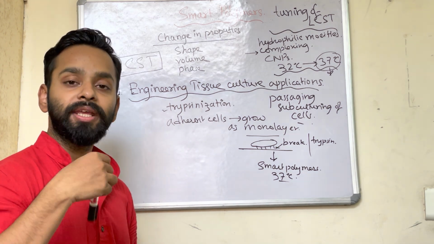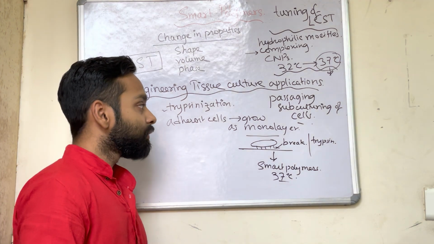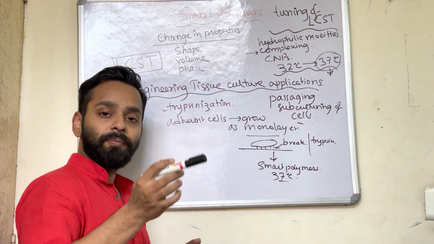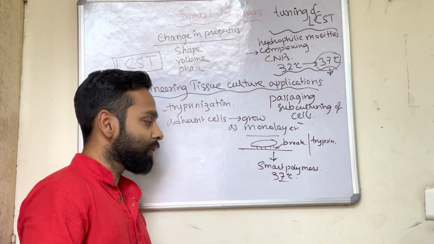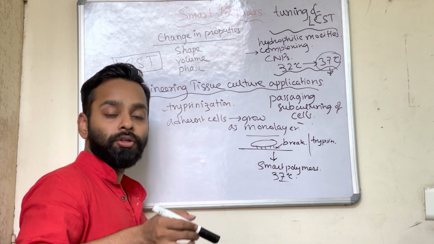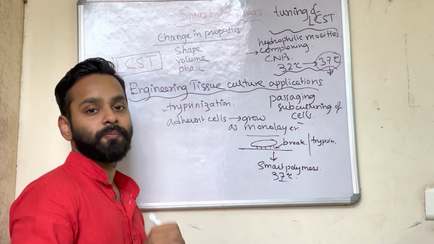Now, if we want to reculture, to passage or subculture the cells, we will simply take the plate out and incubate it at room temperature. At room temperature, this gel to sol transition will take place and the cells will become a suspension.